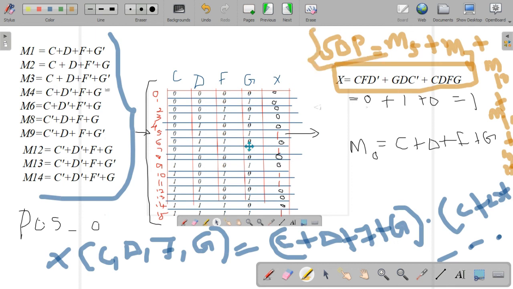Then you know how to write those min-term literals. M5 means how will you write? The 0 should be negated. So C dash D into F dash G, like that it should be written. Okay, you know how to write that.